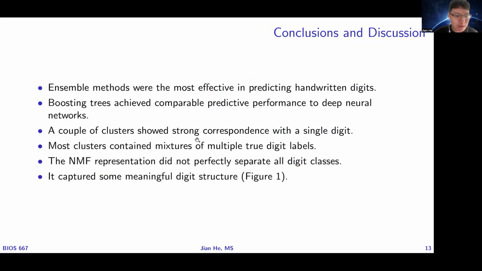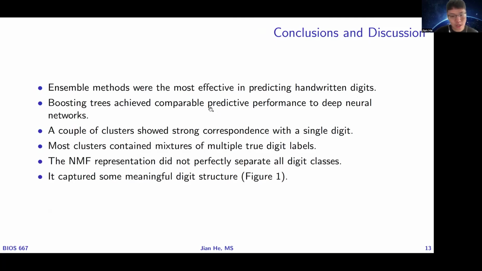So the conclusion for this data analysis work is that for this project, ensemble methods were the most effective in predicting handwritten digits. This is also suggested by theory because combining several weak learners, such as a single tree, will improve prediction performance substantially.